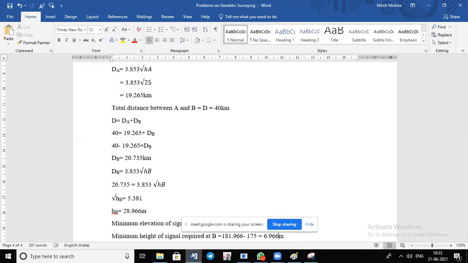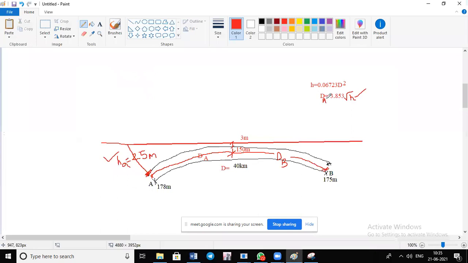Now by using the same equation, you can substitute directly and calculate the value of HB, the height now required here. The minimum height required here will also be 153. Why? Because the minimum elevation of the ground is 150, and the condition is that the line of sight should not touch the intervening ground.